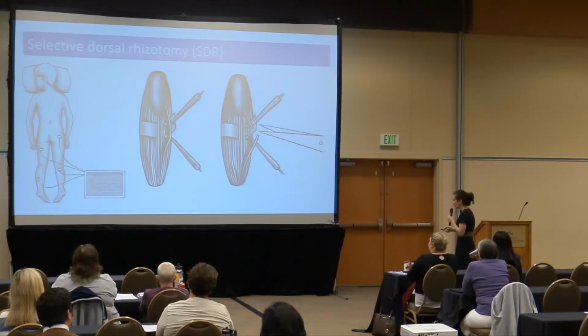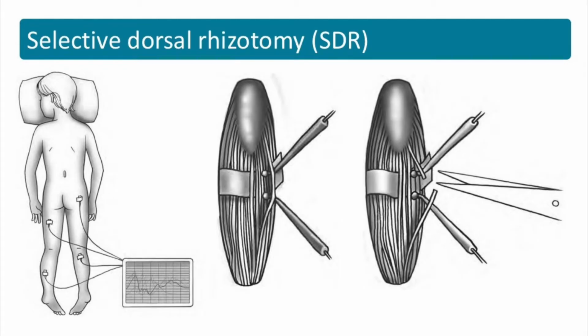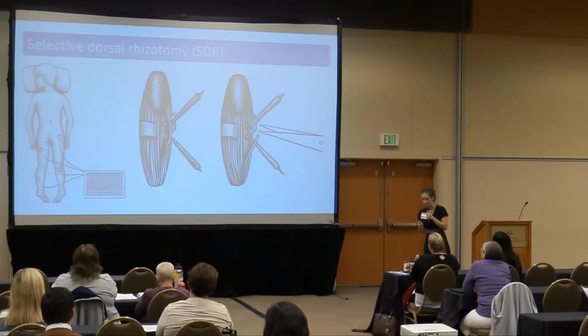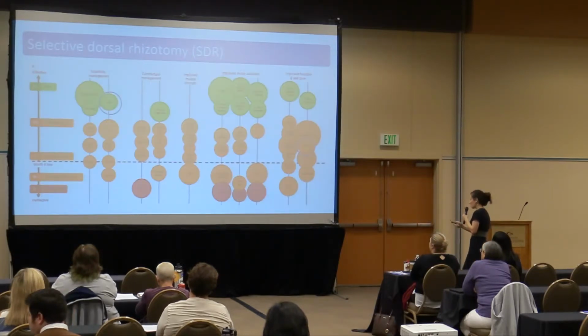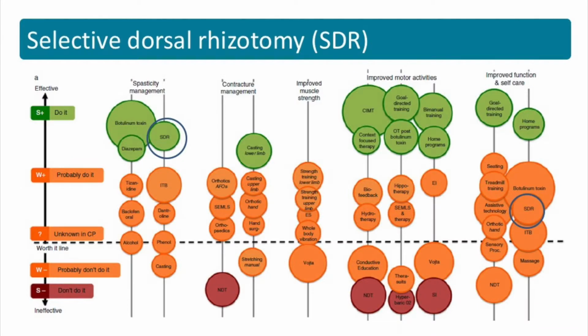This is just an example of the surgical procedure. They do a single level laminectomy, and then they're isolating specific nerve rootlets that are dorsal and that are for target muscles. They use neuromonitoring to see which muscles they're stimulating with the stimulators. So SDR decreases spasticity.